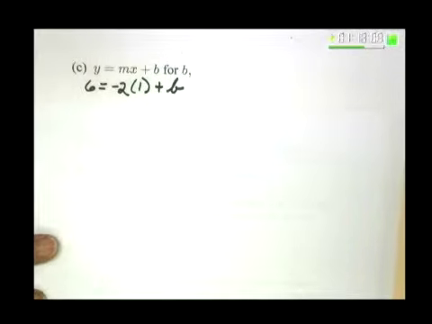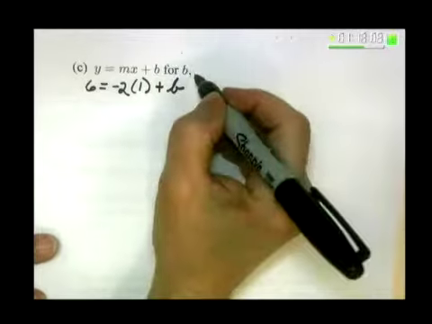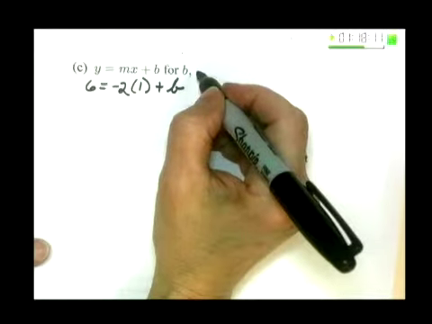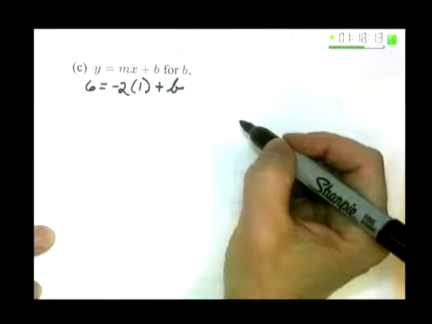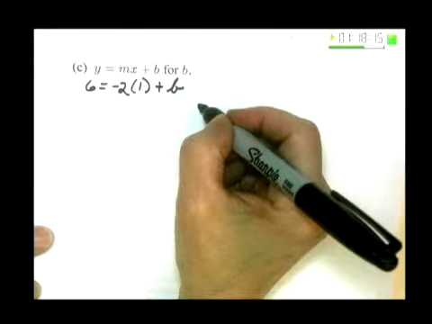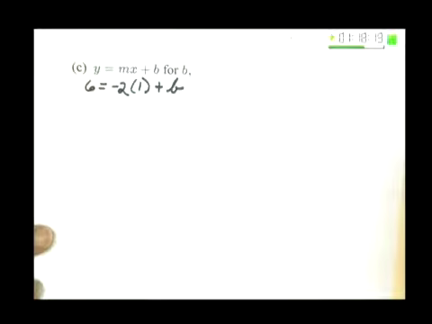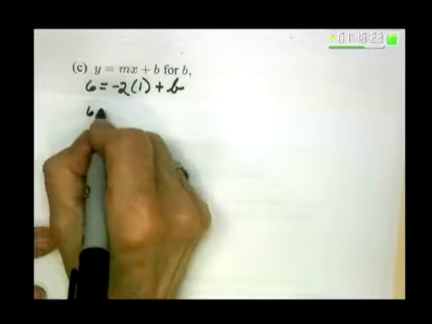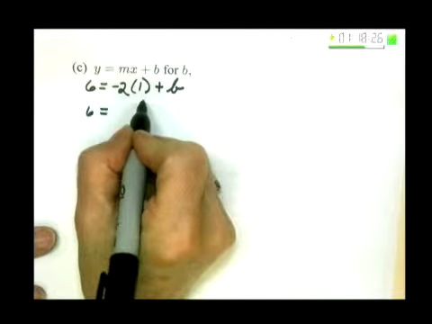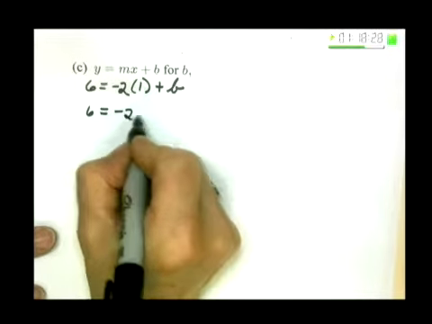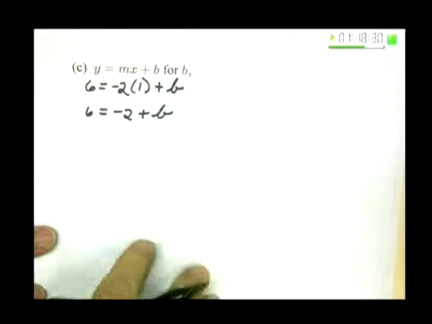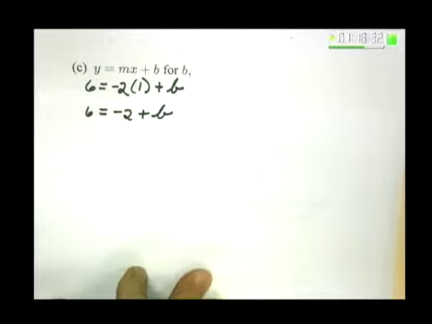So in this particular problem, again, they're saying solve for the value of b numerically. Now that I've substituted in, I only have one variable, I can do that. I'm going to do my multiplication first. So I have 6 is equal to negative 2 times 1 is negative 2 plus b.